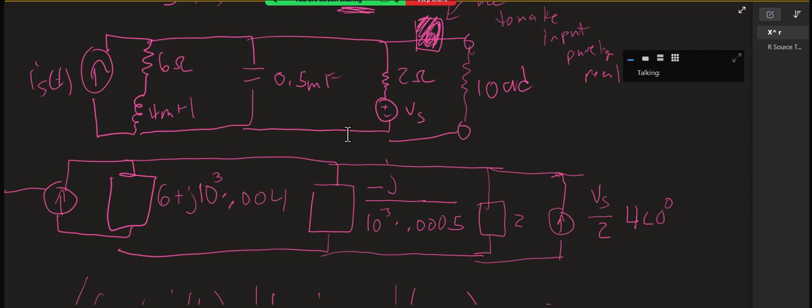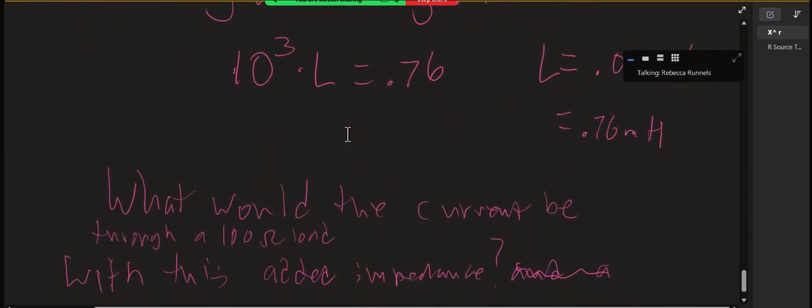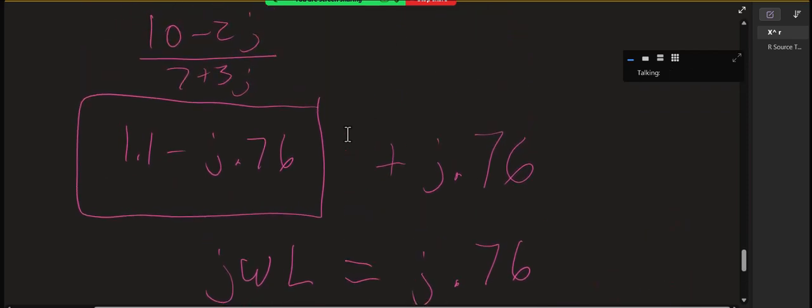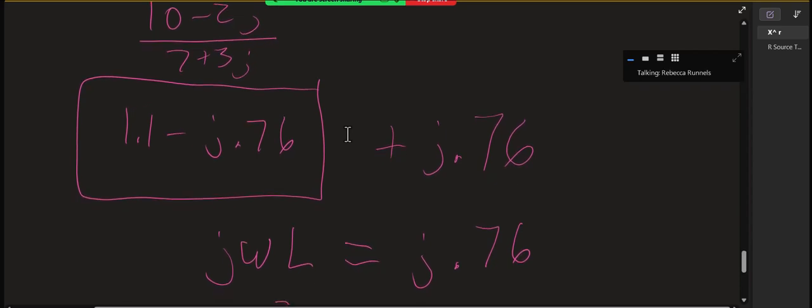Can't you do current division? I'm sorry, which current are we looking for again? The current through that. So I do current division, and what would the other impedance be? Would it be the final answer you got? I mean, the final impedance. Which final impedance? 1.1.